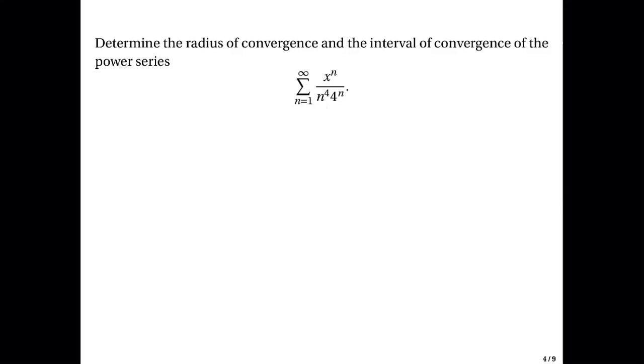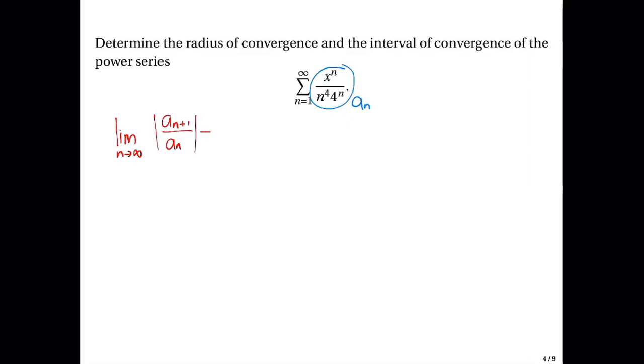So we have this series, the sum from n equals 1 to plus infinity of x to the n over n times 4 to the n. We label these terms as our a sub n, and then we calculate the limit as n approaches plus infinity of the ratio a sub n plus 1 over a sub n in absolute values.